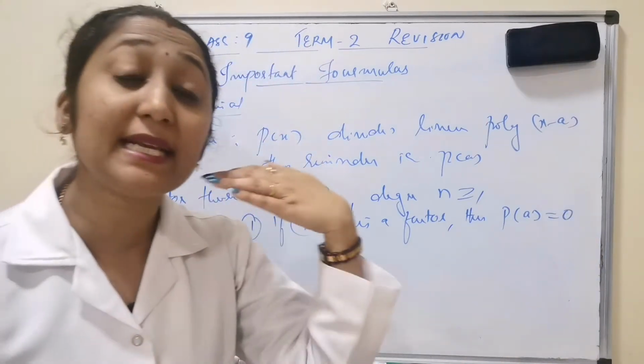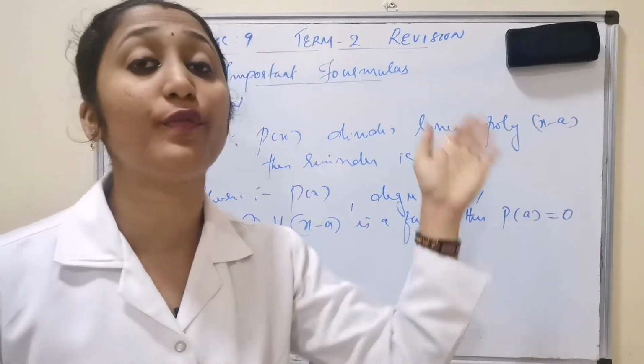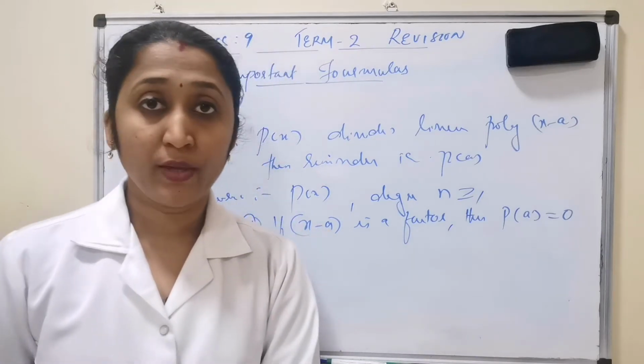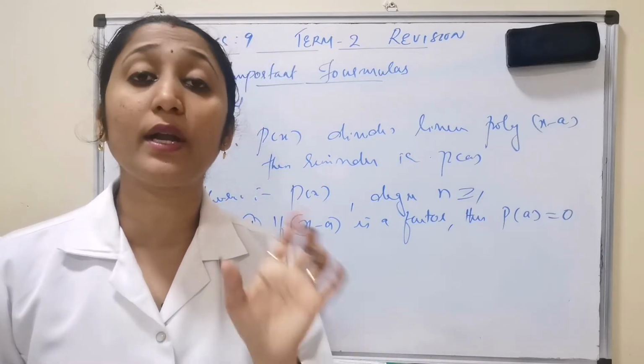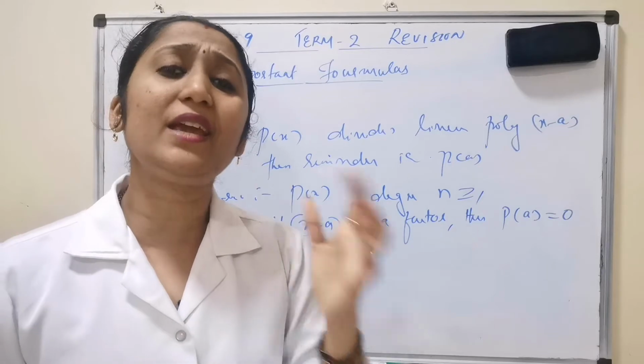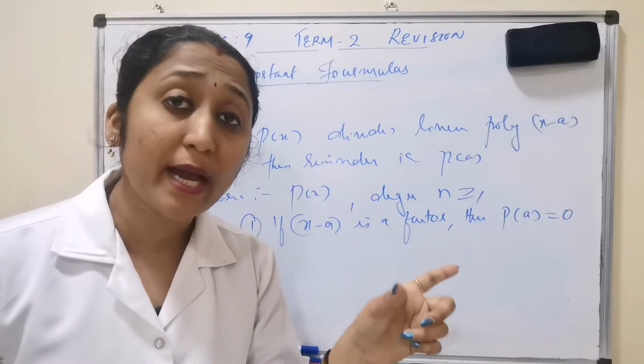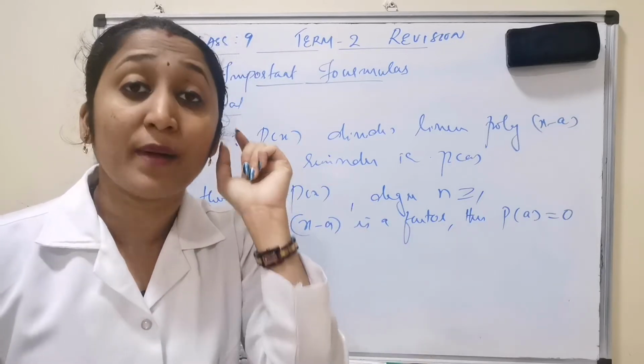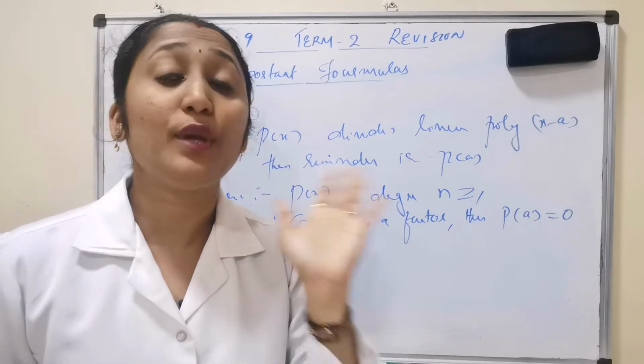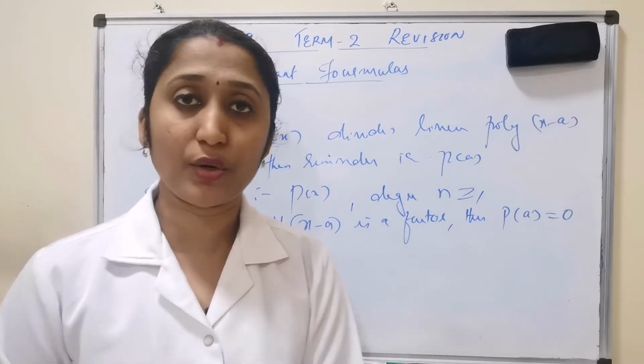If a given polynomial has x minus 2 as a factor, we must write p of 2 equals 0. That is the condition.